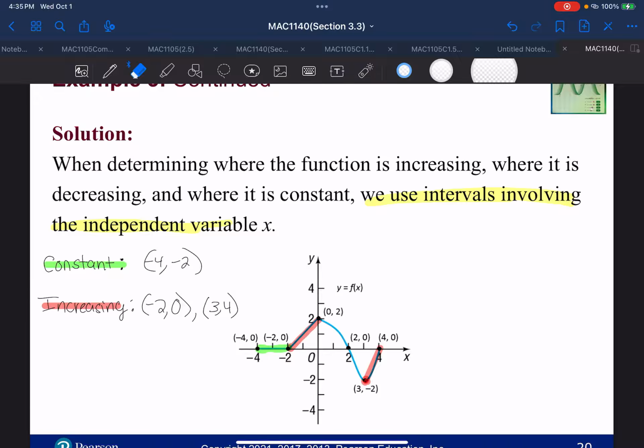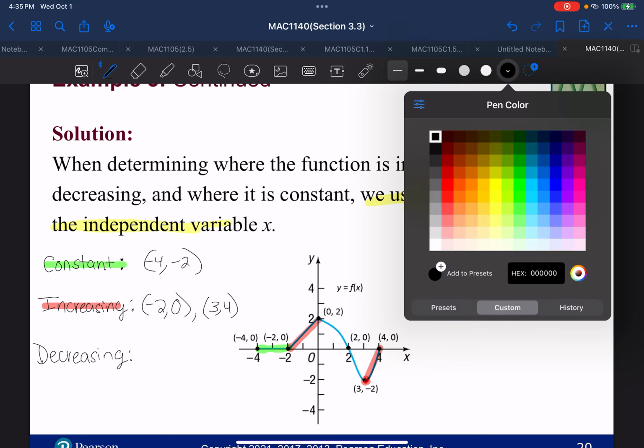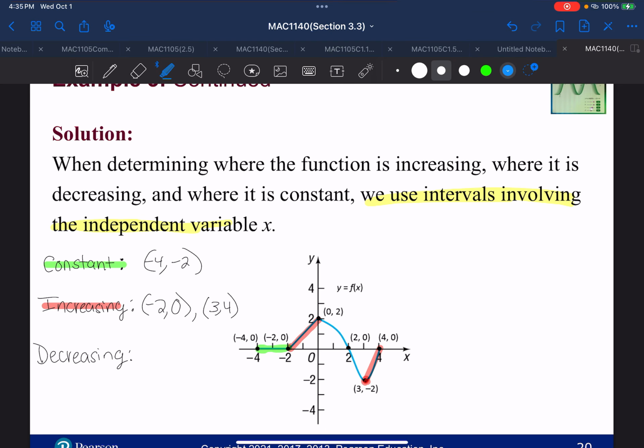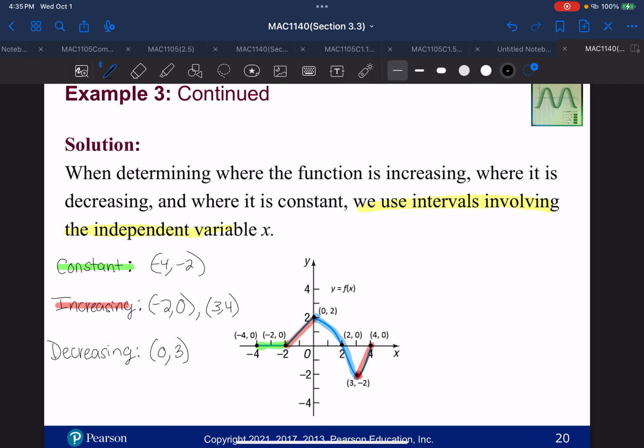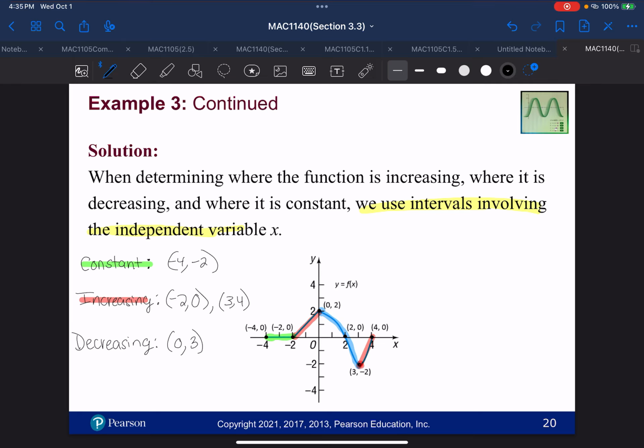And then for decreasing, the intervals for which it's decreasing would be from 0 to 3. And that would be it.